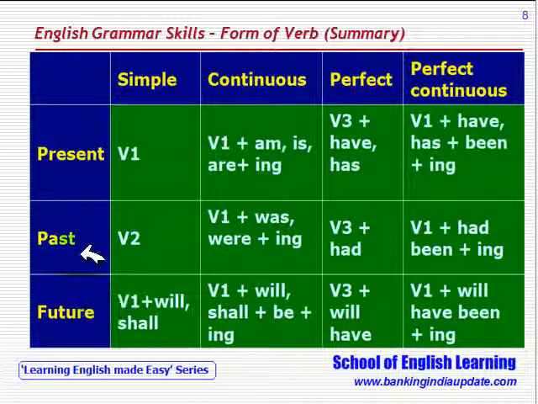In case of past, first form plus had been plus ing. In case of future perfect continuous, first form plus will have been or shall have been plus ing.